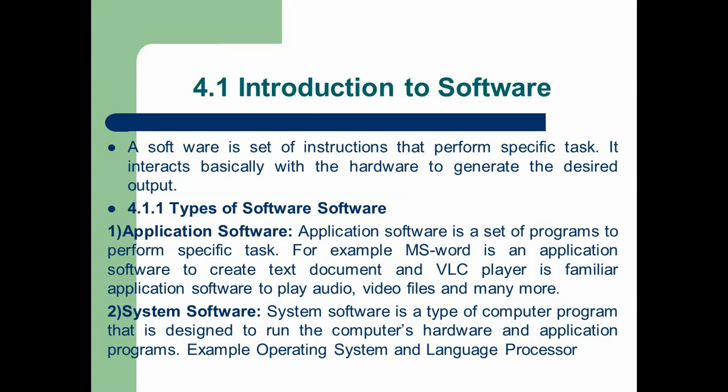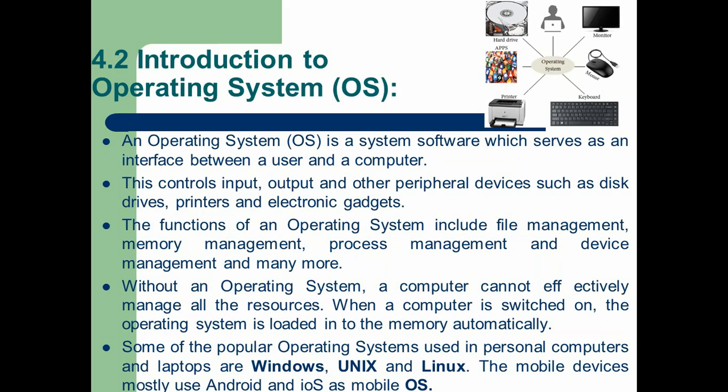Now in this chapter we are going to discuss operating system in theory. So the next topic is introduction to operating system. Of course we know the operating system comes under system software, which serves as an interface between the user and the computer. So the operating system handles all the hardware as well as the user's commands. Whenever a user gives an instruction, this instruction cannot directly reach the particular hardware or any memory device.